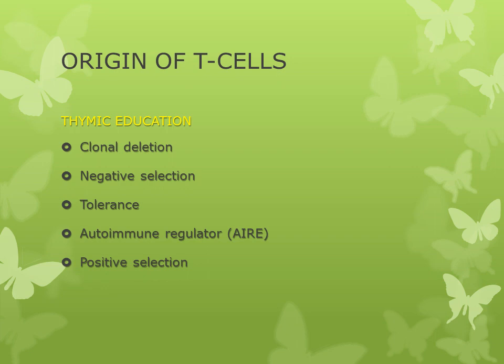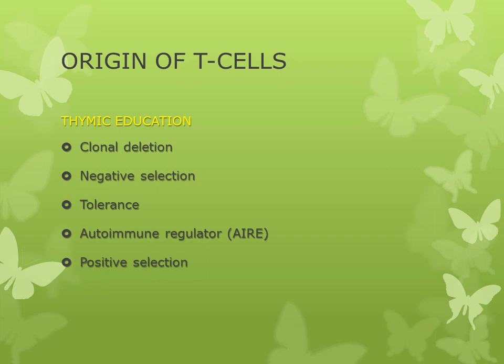If not all the self proteins or self antigens are displayed during thymic education, it will result in development of some autoimmune disease later on at some point in life. But if all the self antigens are displayed by the thymic epithelial cells, the cells having the receptors for those self antigens will be removed. Otherwise, it will result in autoimmune diseases.